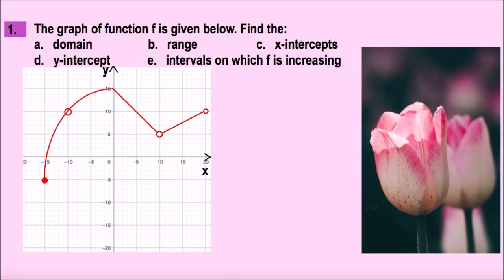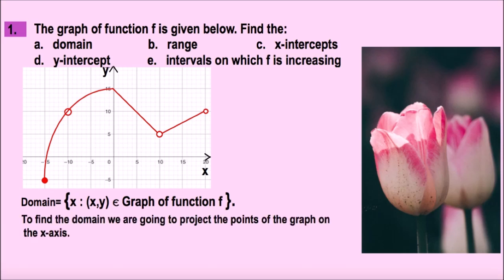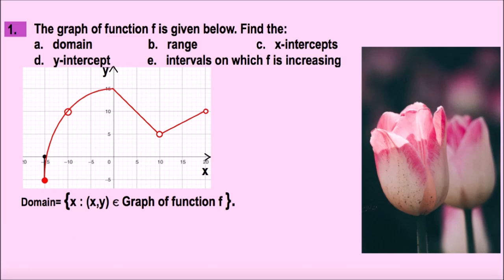Question 1. The graph of function f is given below. Find A, the domain. The domain is equal to the set of x's such that the point of coordinates (x, y) belongs to the graph of function f. To find the domain, we are going to project the points of the graph on the x-axis. As we project all these points, we run into the point of coordinates (-10, 10).